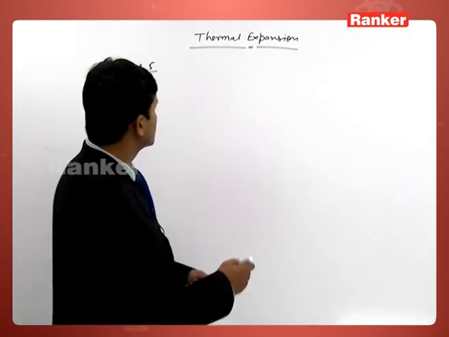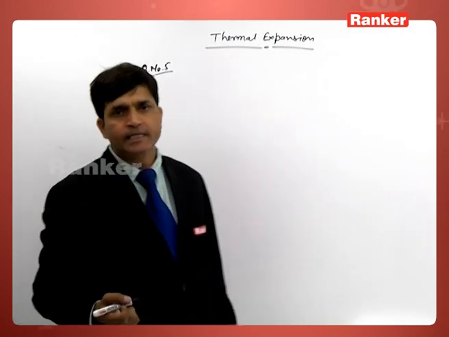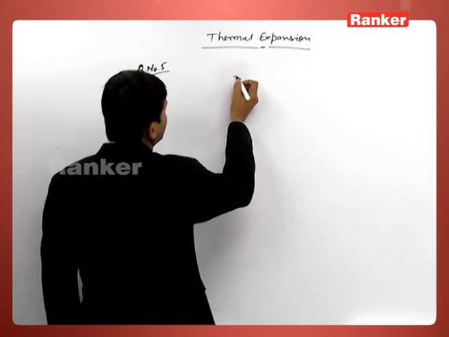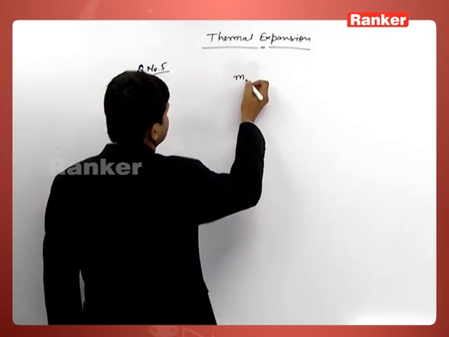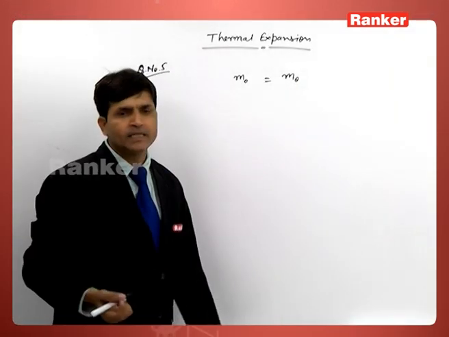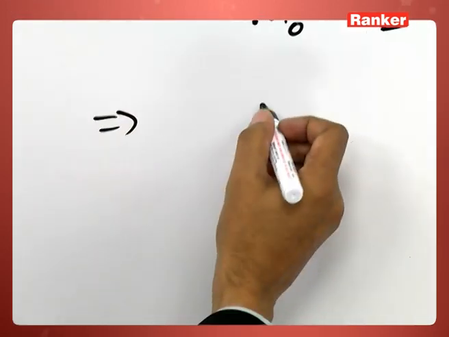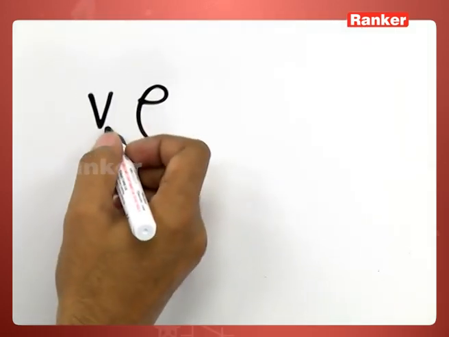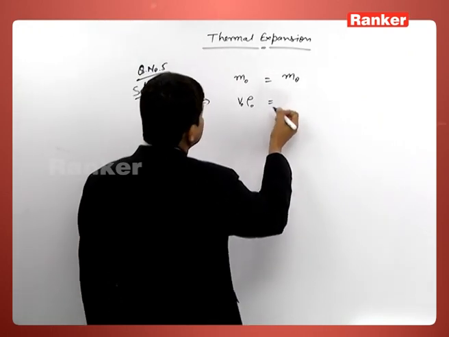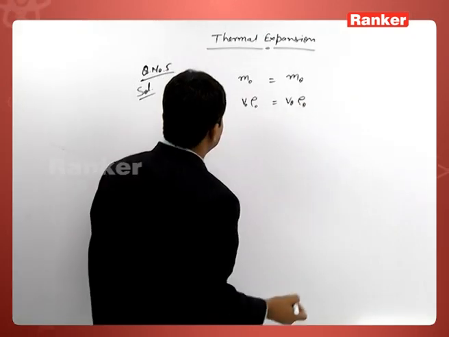See how to do this one. As we know, on heating, mass remains constant. So mass at 0 degree is equal to mass at theta degrees Celsius. And mass is equal to volume into density: volume at 0 into density at 0, which is also written as volume at theta into density at theta.